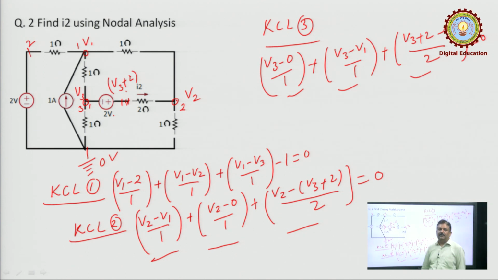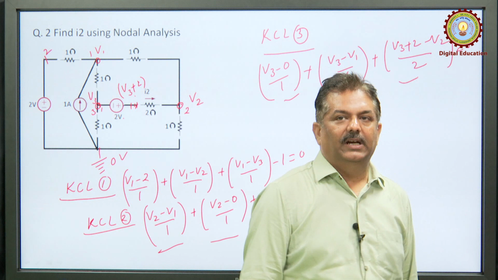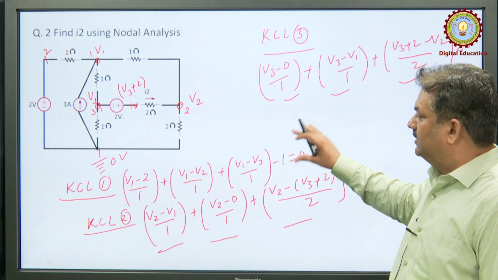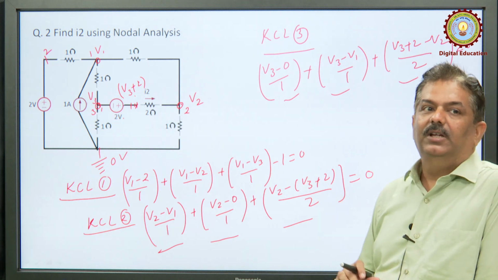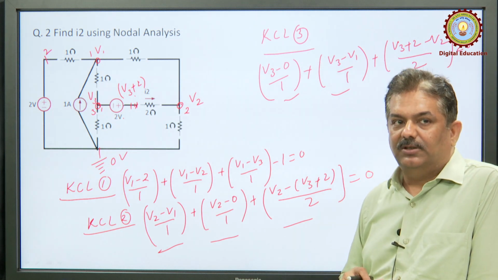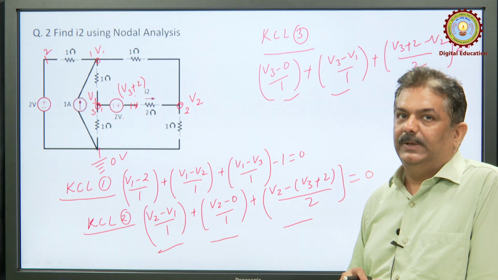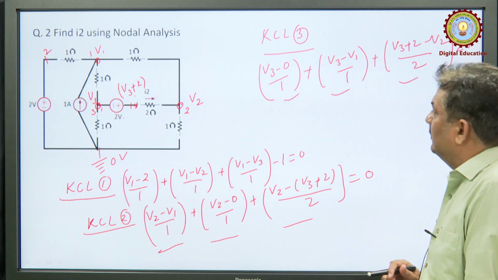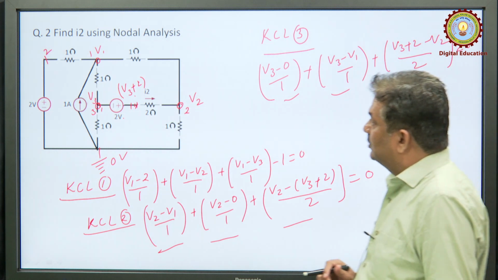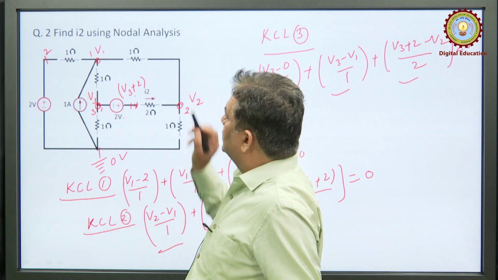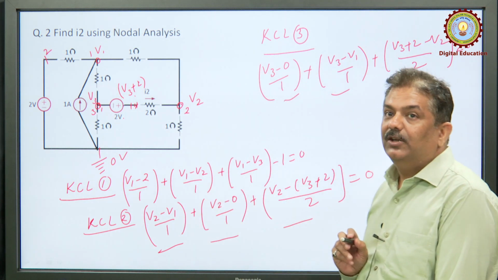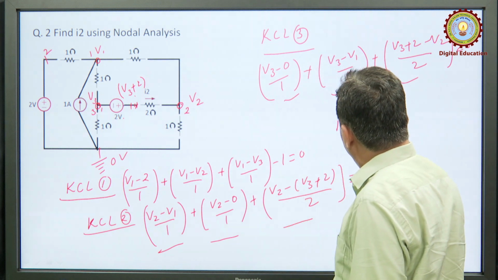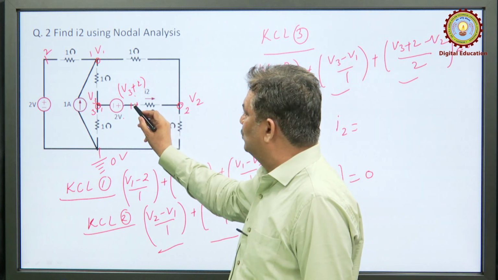So, after writing the KCL at node 1, 2 and 3, we will arrange these equations in matrix form and then use Cramer's rule for getting the independent node voltages V1, V2 and V3. After getting V1, V2 and V3, since in this question current I2 is required and direction of current I2 is given, current I2 is current in this branch going from this to this.